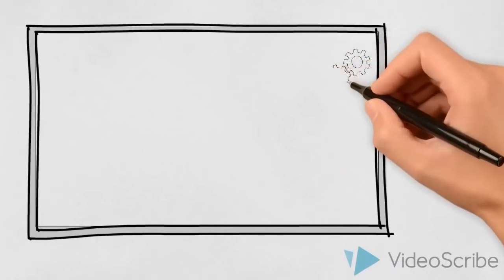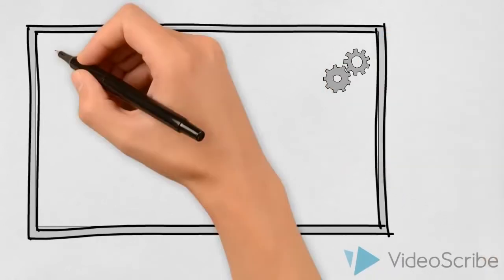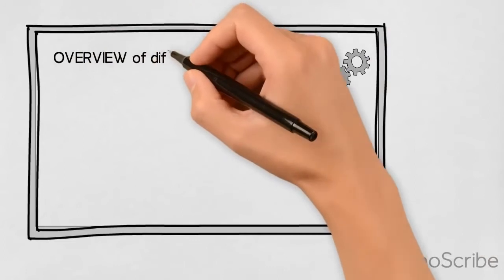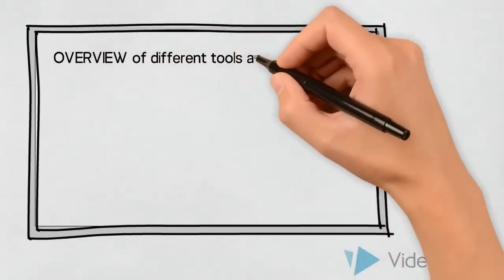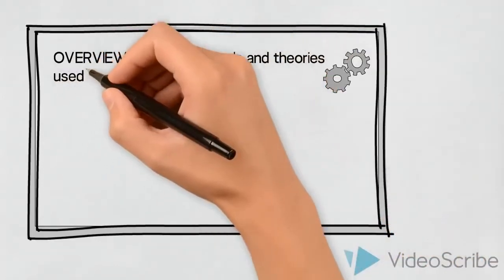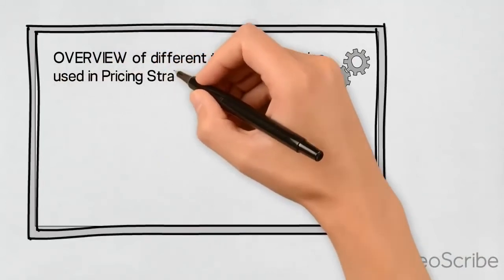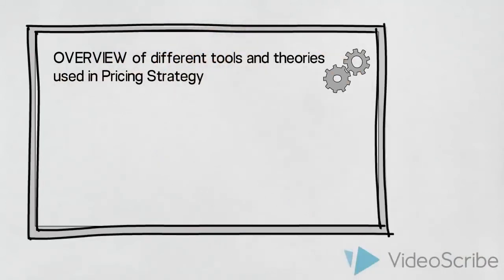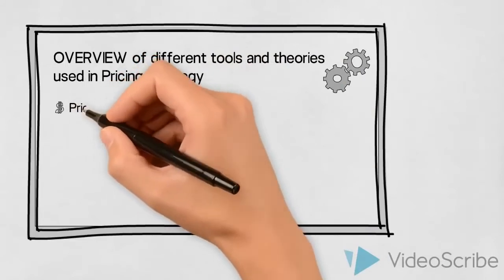As marketers, we have some different tools and theories we can use to guide us when determining the price. These will not be described in detail in this video, but let us just introduce an overview of some of the tools we could use when determining the price. Price elasticity can be looked at.